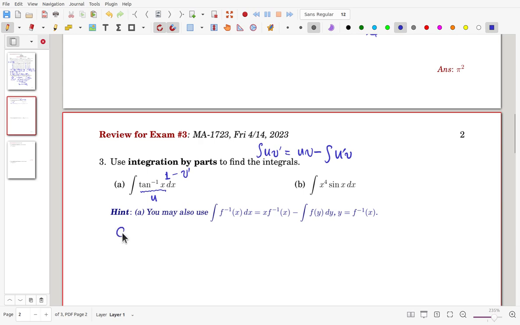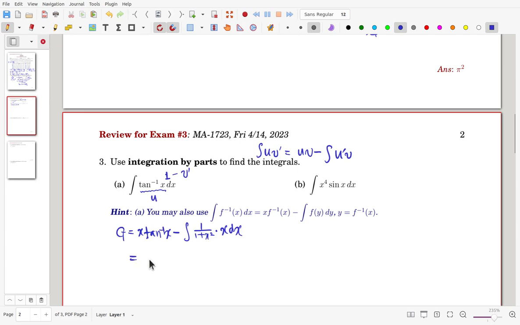Then the given integral is the same as uv, and the integral of 1 is x, so x arctangent of x minus the integral of u prime v, where u prime is 1 over 1 plus x squared and v is x, and dx.